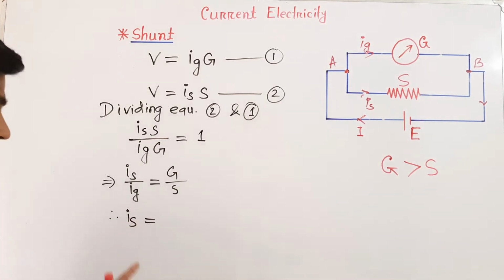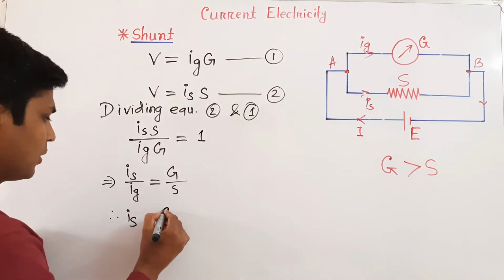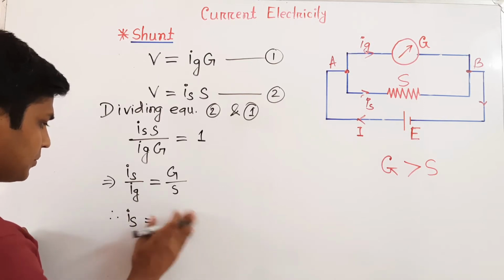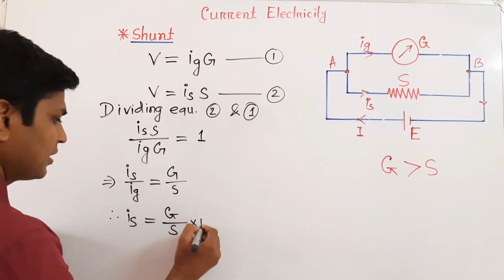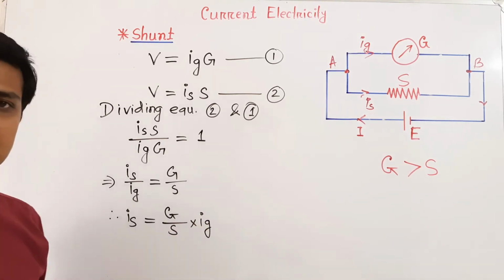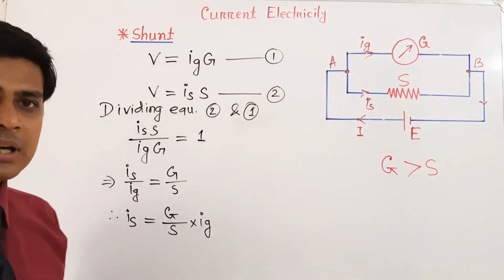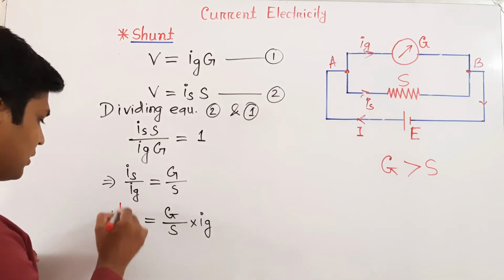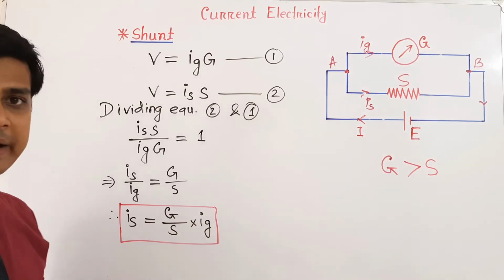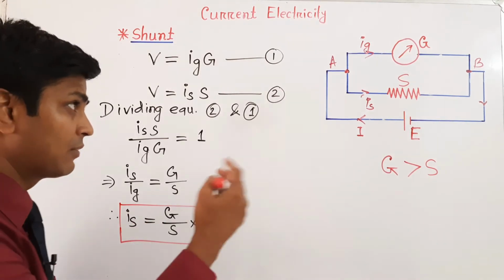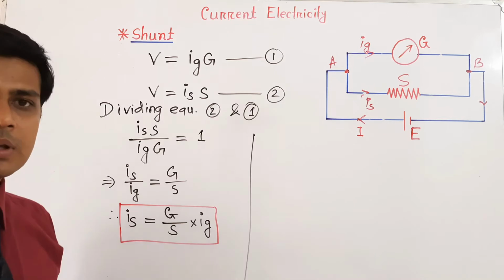So the current passing through the shunt will be Is equals G divided by S into Ig. This is the formula to calculate the current passing through the shunt. This formula is applicable when the galvanometer current is given and the resistances of both the galvanometer and shunt are also given.